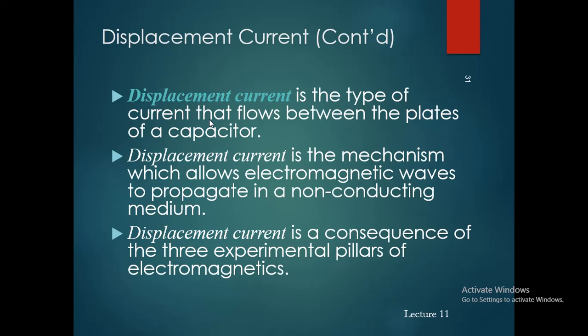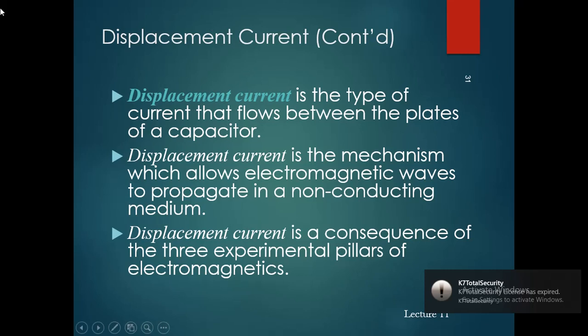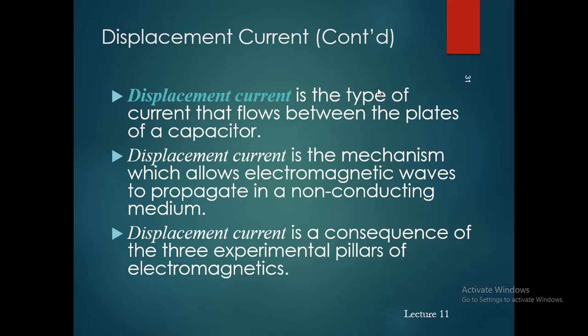While using a capacitor, it may require a refreshing circuit, because after some time the capacitor's charge may be discharged. So to get the charge again, we have to use a refreshing circuit. So displacement current is the type of current that flows between the plates of a capacitor.